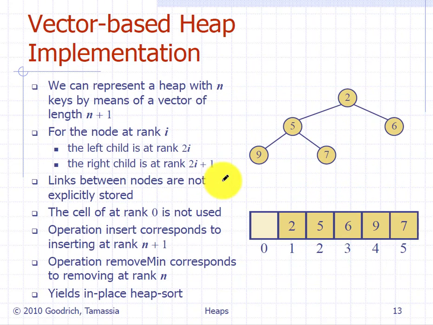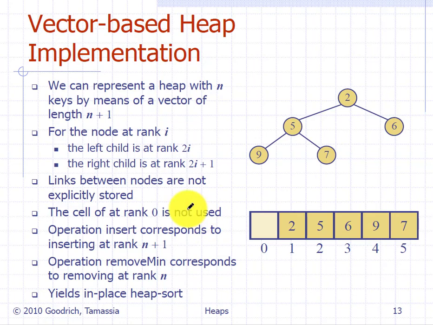So I did discuss this before in the lecture on trees, and I'd like you to go back there and have a look at this again if you didn't understand it, because we said that we could implement a complete binary tree in that lecture using a vector efficiently. And I told you that if it wasn't a complete binary tree, you'd be wasting space.